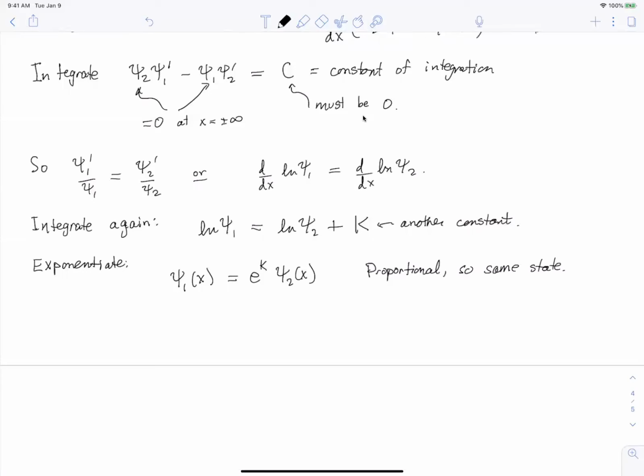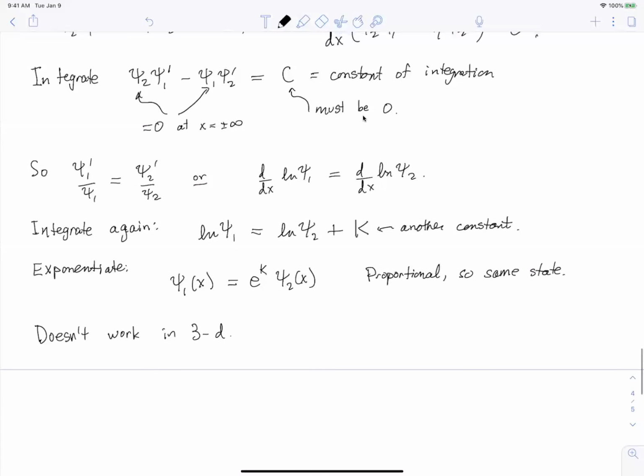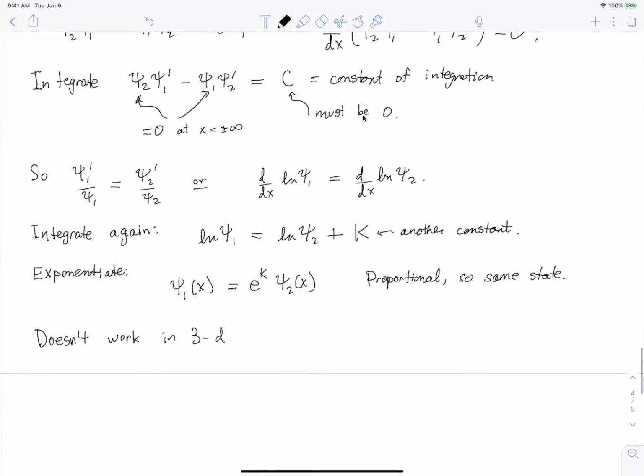Again, this does not work in three-dimensional bound state problems. In fact, in three-dimensional bound state problems, there are lots of energy degeneracies, as we will see. But it's going to be a useful thing to apply when we study one-dimensional problems, as we will do, starting next time.